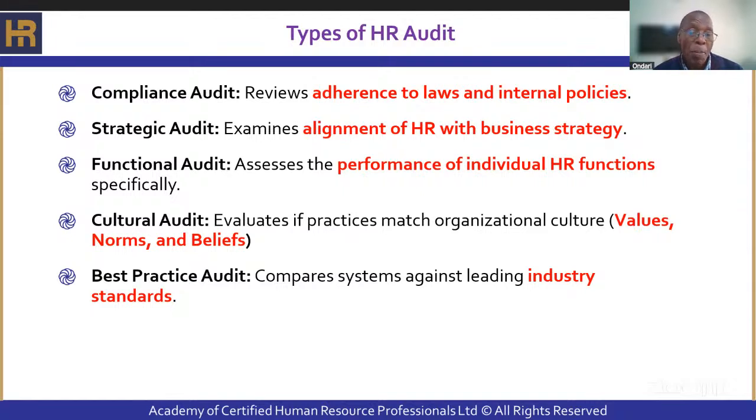For example, in recruitment and selection, the emerging best practice is to automate the process. And which system do you use? You use ATS, Automated Tracking System. That is a best practice. Why is it a best practice?